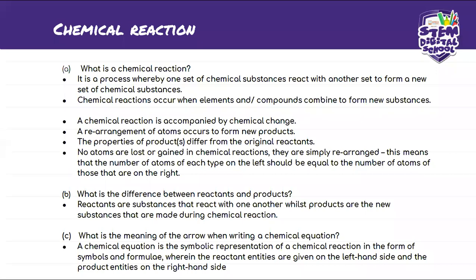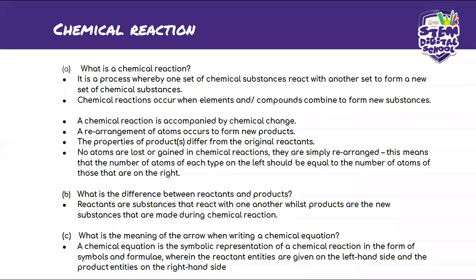So what is a chemical reaction? A chemical reaction is a process whereby one set of chemical substances reacts with another set to form a new set of chemical substances. Chemical reactions occur when elements or compounds combine to form new substances.